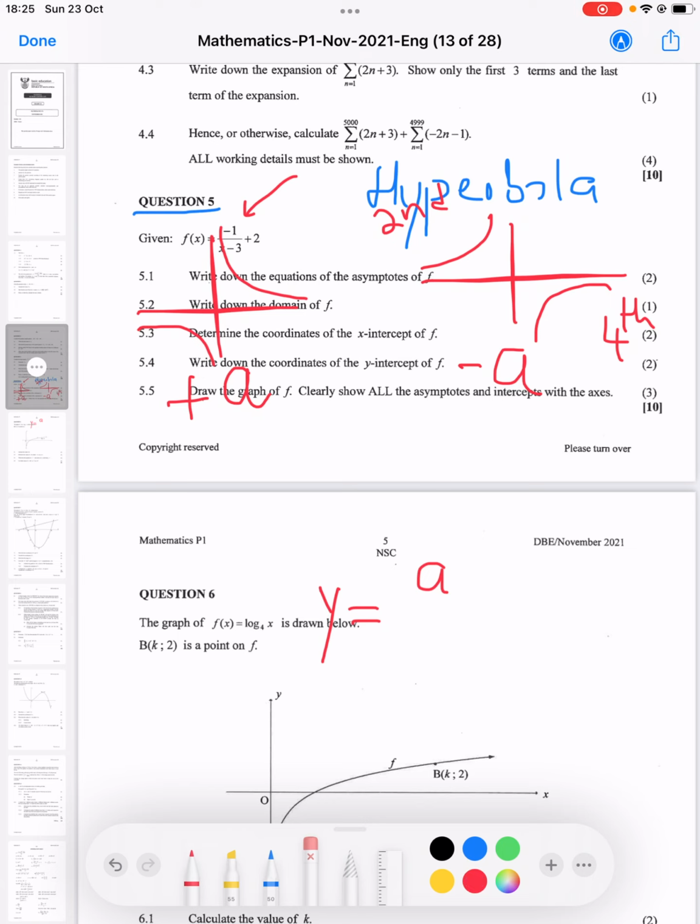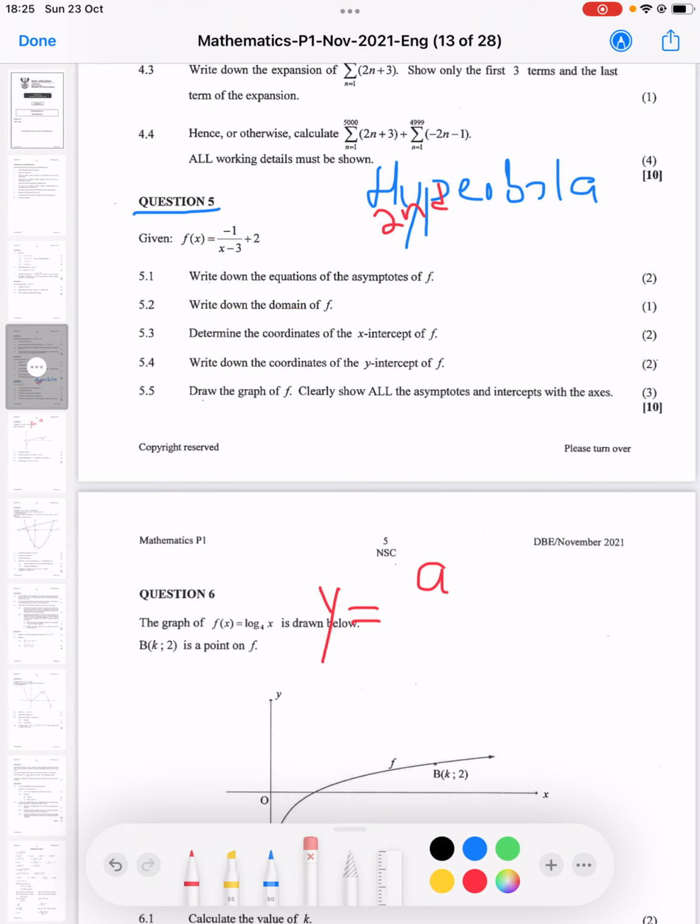So let me just quickly remove all of that and move on to the next part of that function. Okay, so over x, normally plus q. Let me explain this part of that general equation. This part actually helps you to get the vertical asymptote.